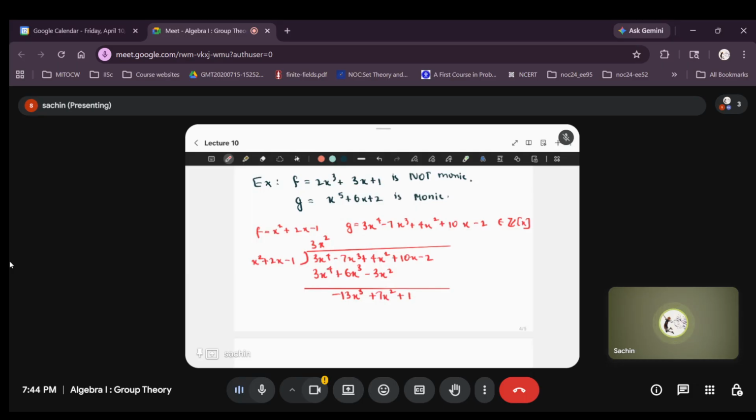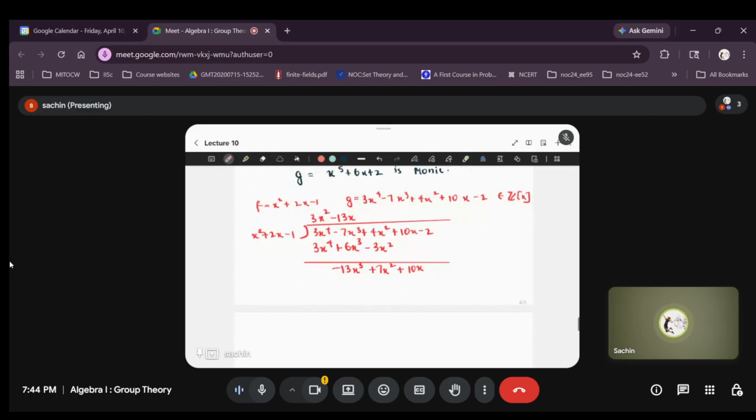You bring down the 10x. Then minus 13x times x squared plus 2x minus 1 is minus 13x cubed minus 26x squared plus 13x. You subtract and you'll get 33x squared minus 3x.